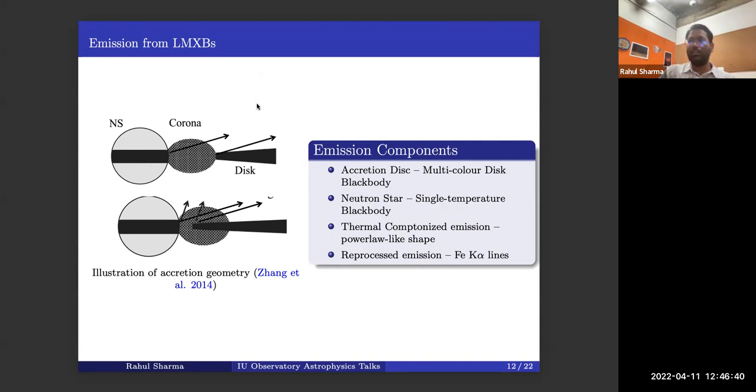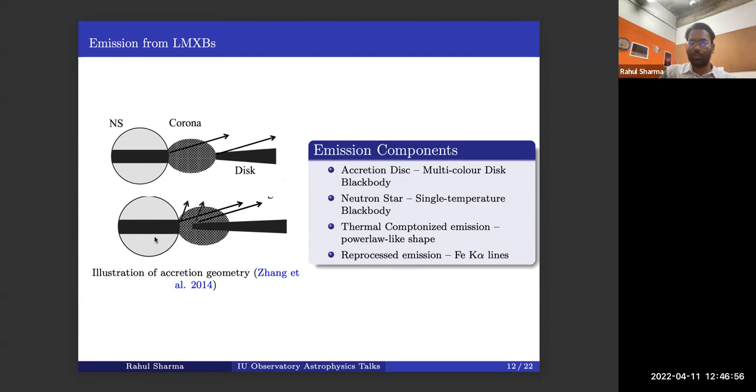This hard emission can have a power law like shape. The input to the corona, or the thermal Comptonized emission, can either be the neutron star surface or the disk.